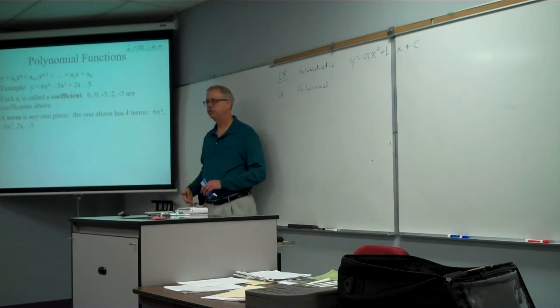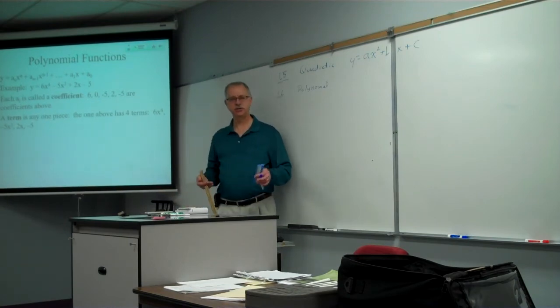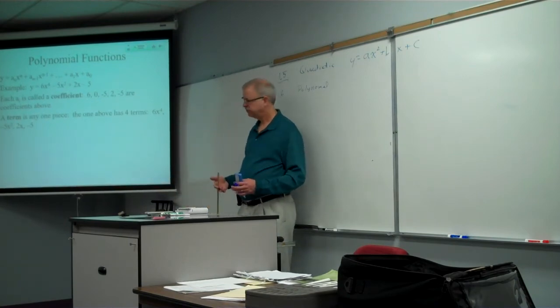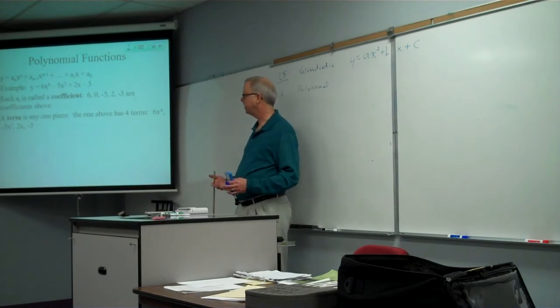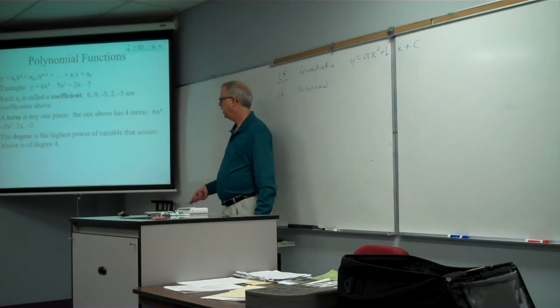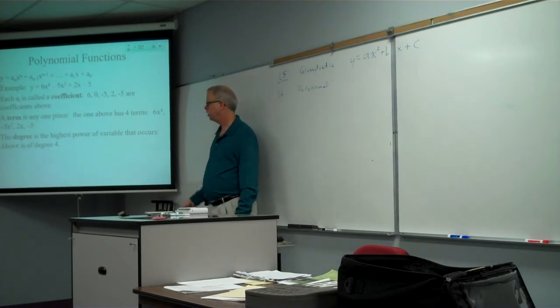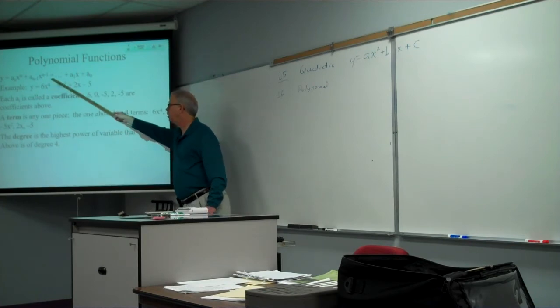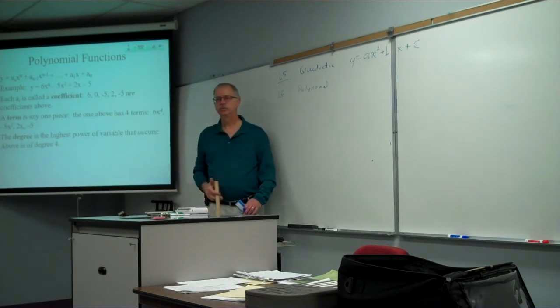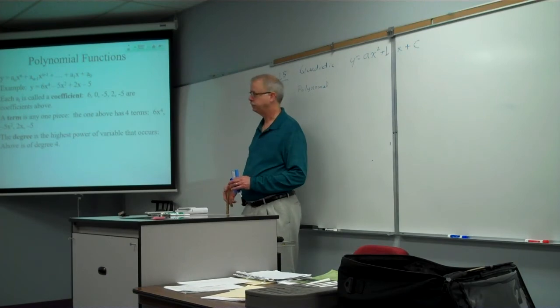Certainly we wouldn't put on here 0x to the 5th, 0x to the 6th, 0x to the 7th. Usually we look at just the highest power of x, and that we call the degree of the polynomial. So this one is of degree 4, because our highest power of x is 4 in this case.